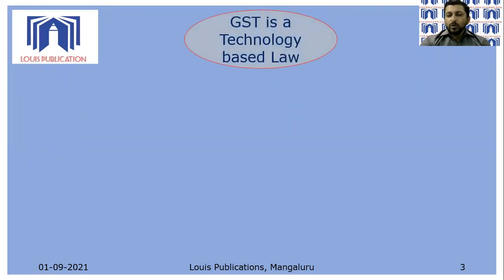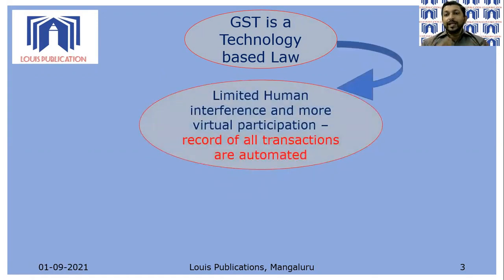Now, as we know, GST is a technology-based law. We say GSTN, Goods and Service Tax Network. There is less interference or interaction between persons, and there is more virtual participation.